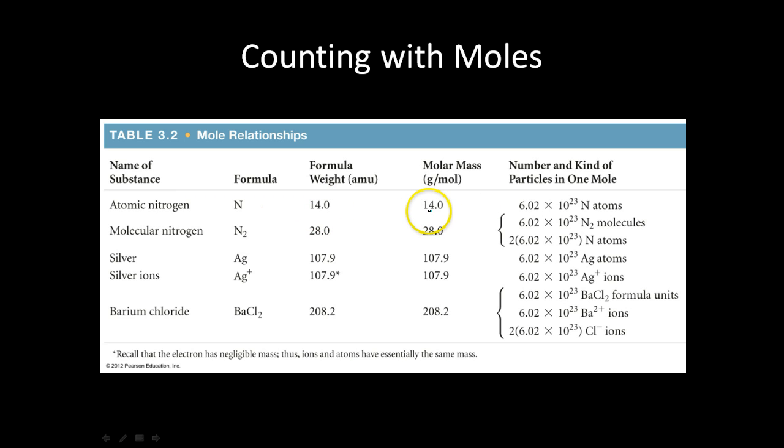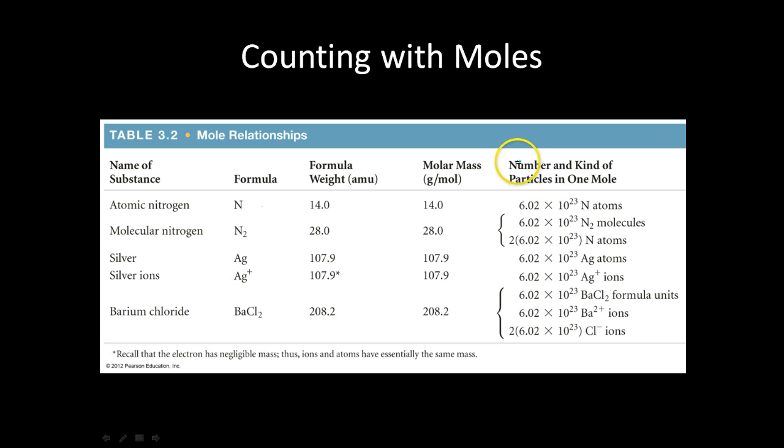That would have a molar mass of 14.0 grams per mole. If we go to molecular nitrogen, which is how we normally find it, remember molecular nitrogen has 2 nitrogen atoms. Those 2 nitrogen atoms would weigh 28.0 AMU, and if we had a mole of molecular nitrogen, it would weigh 28.0 grams.